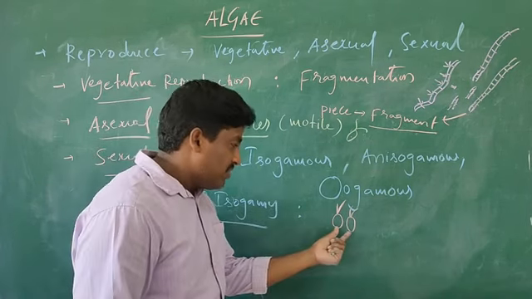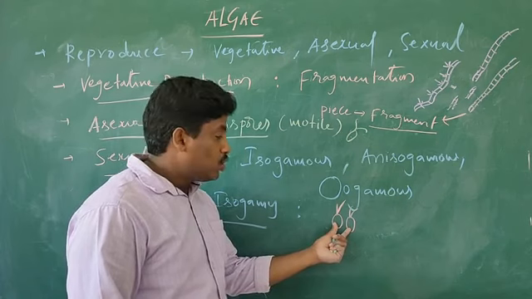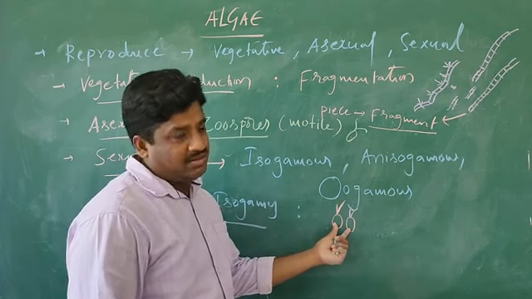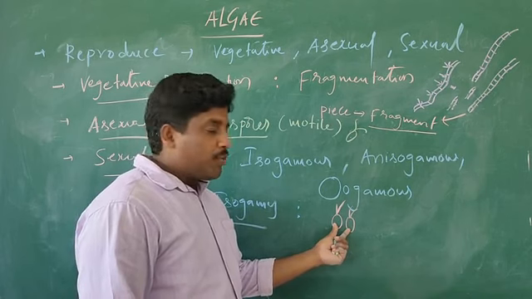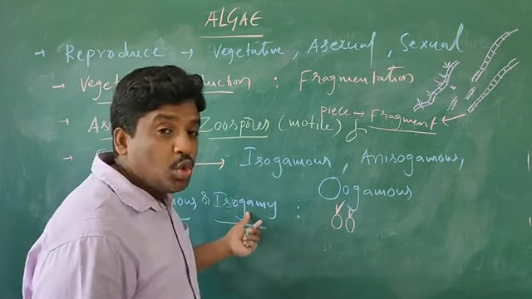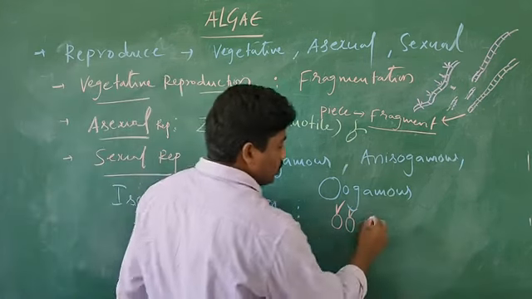So the fusion between two gametes similar in size, such a reproduction method we call isogamy.